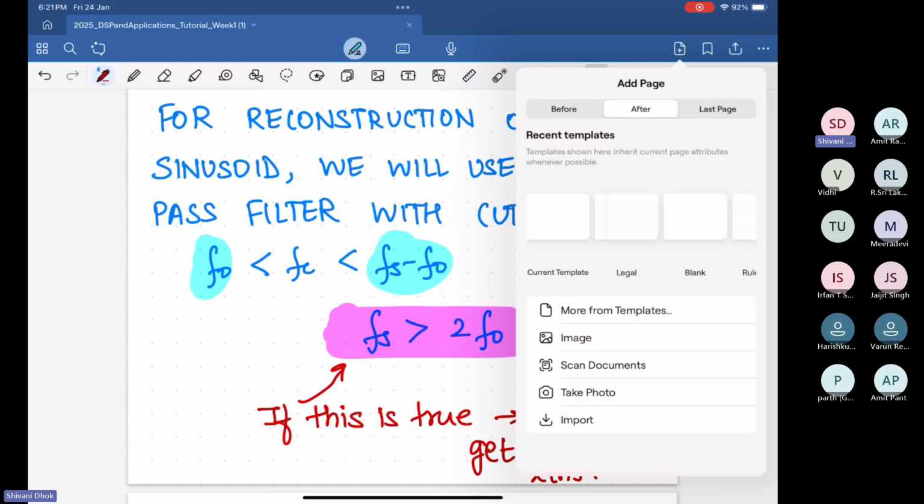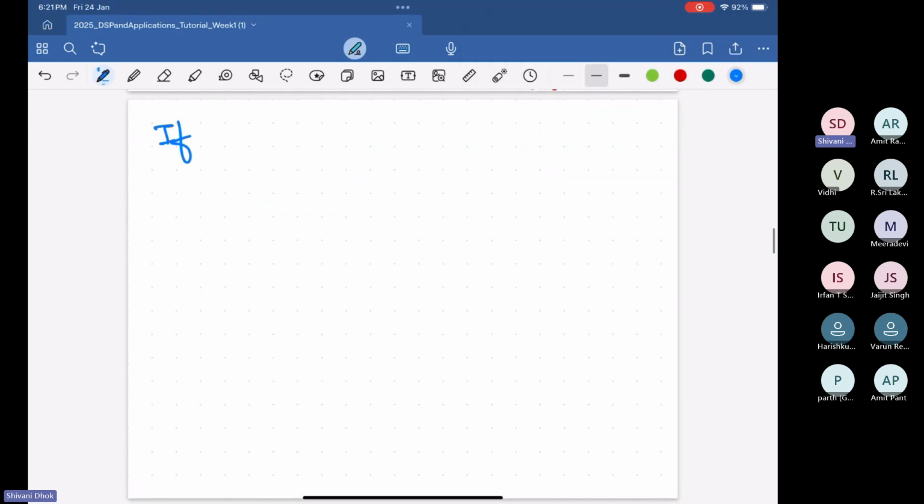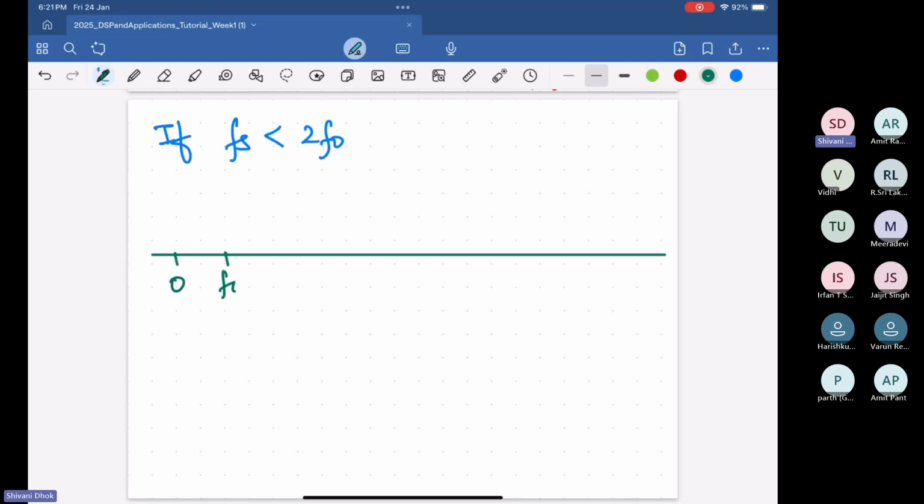Now suppose we have the opposite thing. So if Fs is less than 2 times F naught, what will happen? This is 0. Let's say we had F naught. Then we had, let's say, Fs here.